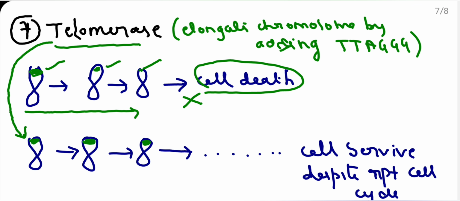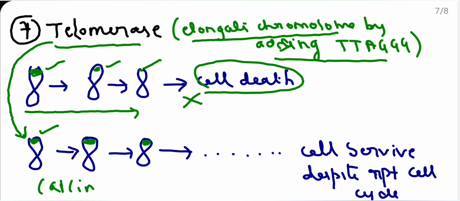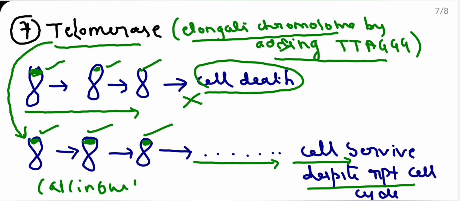Whereas telomerase is an enzyme which will elongate the chromosome by adding TTAGGG. So in case of carcinoma, if telomerase is present, it will add telomere. So with each cell division there is no reduction of telomere, and the cell continues to divide and survive despite the repeated cell cycles.